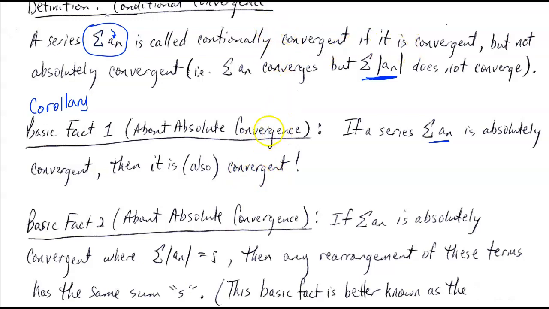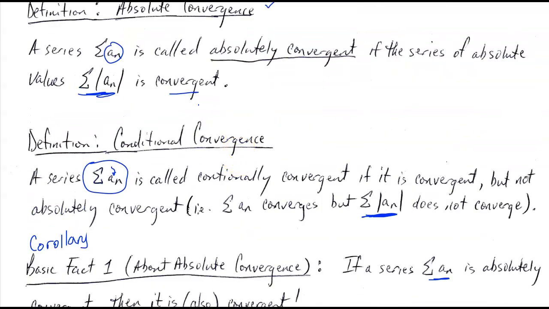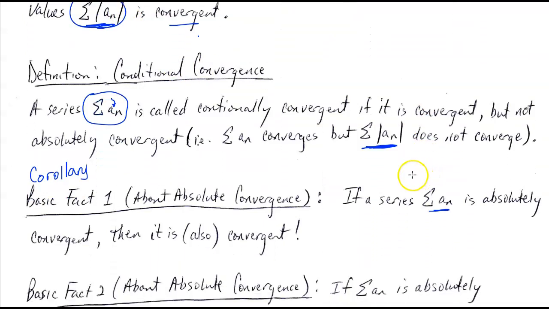Remember, absolutely convergent means that if we strip out the negatives in every other term, this new series will also be convergent. So all we're saying is that if this series with the negatives in every other term is absolutely convergent, then it's going to be convergent as well. It's just another fancy way of saying this is going to be convergent and that series is going to be convergent as well.